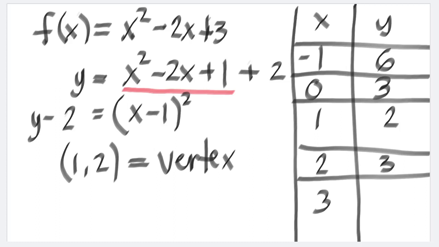And if x is 3, your y or your f of x is, this is just a notation in algebra, this is also considered to be f of x. They are just equal. So when x is 3, 9 minus 6 plus 3, that is 6.